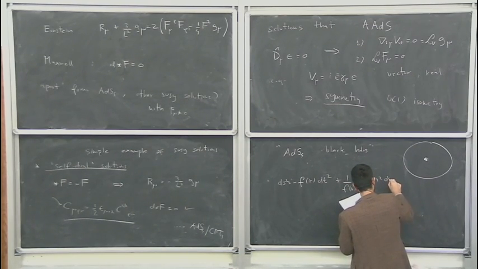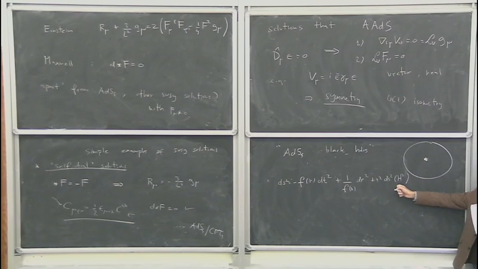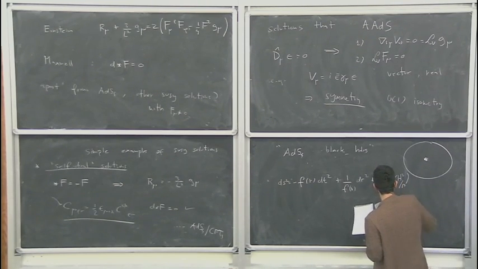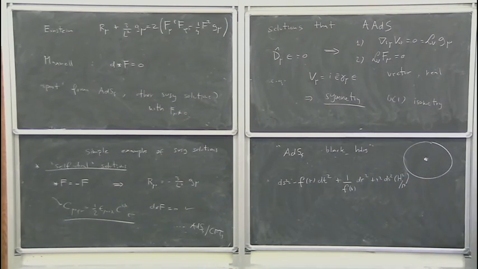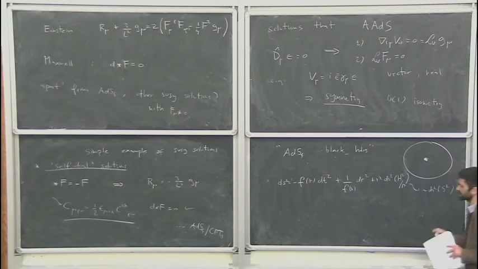The slight novelty is that locally this metric here has to be a constant curvature metric with negative curvature. So it is a metric on the hyperbolic space in 2 dimensions, which you can make compact by quotienting by some discrete group. If you quotient that, you get some compact surface. But in some sense, this plays the role of a 2-sphere, right? Just as anti-de Sitter is the negative curvature version of a sphere.